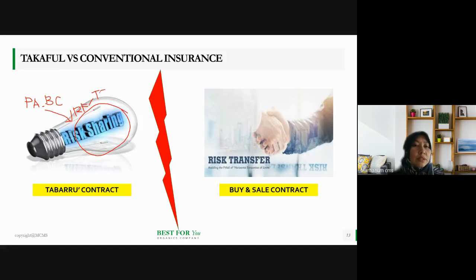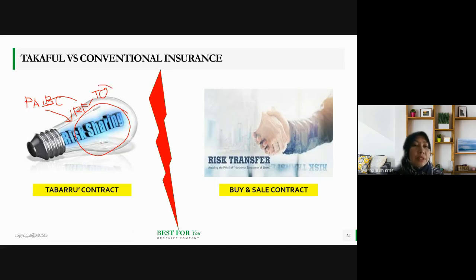When the risk happens, the Takaful operator will use this risk fund to pay the Takaful participant who is having a difficulty, like a death or an accident. It depends on the product they subscribe to. In this case, all the risks are shared among Takaful participants, not shared with the Takaful operator.